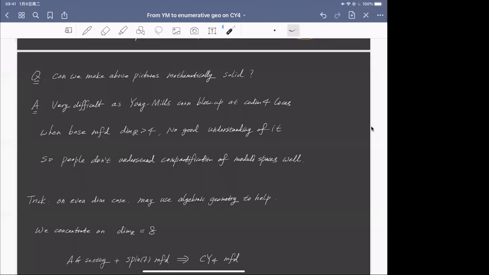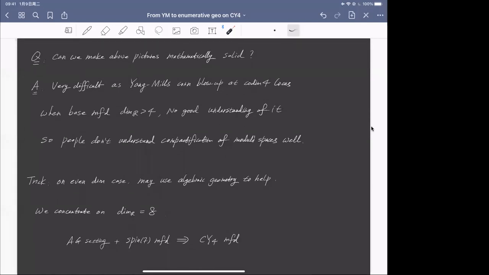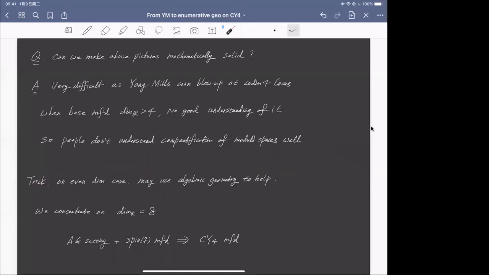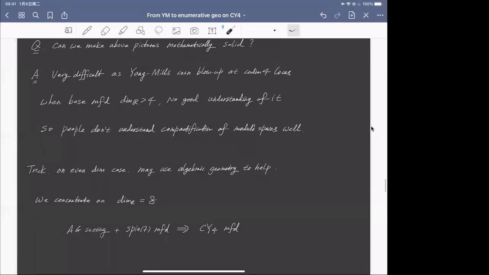Now the trick, and also the link with algebraic geometry, is that in even dimensions we may use algebraic geometry to help. My focus here is on 8 dimensions, the biggest dimension. The setting of Spin(7) manifolds plus the restriction to an algebraic geometry setting gives the constraint that we have to work with Calabi-Yau fourfolds.